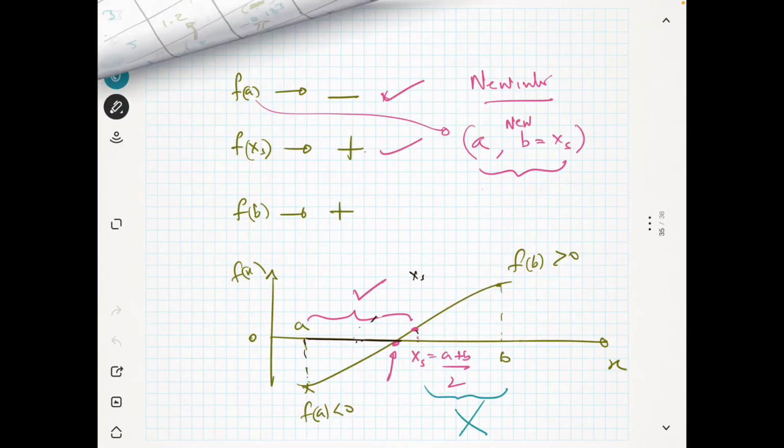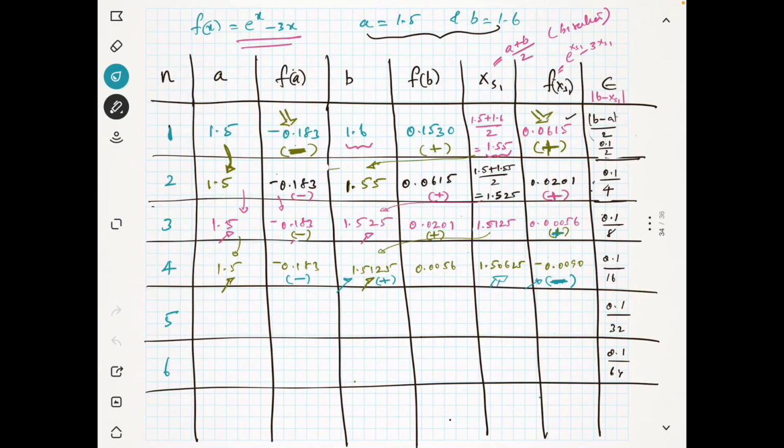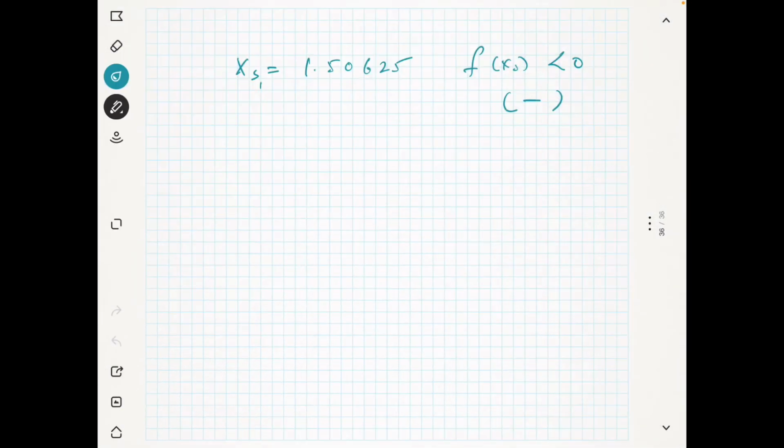Now what about my b? My b is actually positive, f of b is positive now. My b is 1.5125 and f of b is positive.